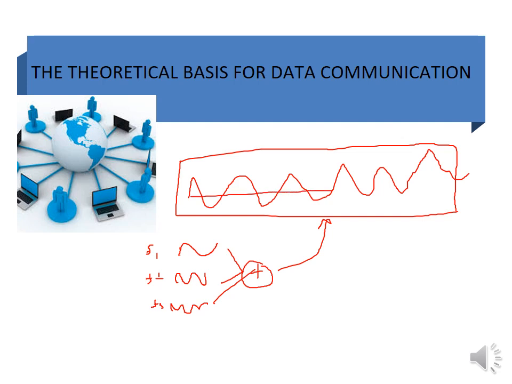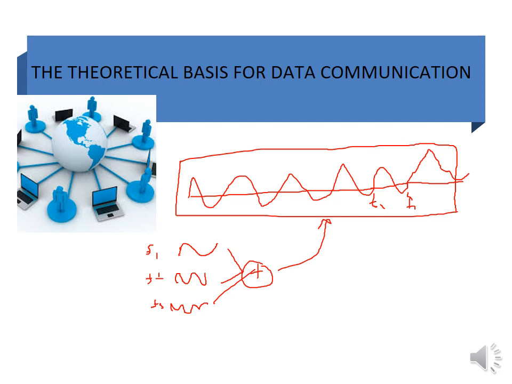So any waveform is actually made up of those sine waves. So this is in time domain. Okay, so this is in time domain, and this is time t1, and this is time t2.